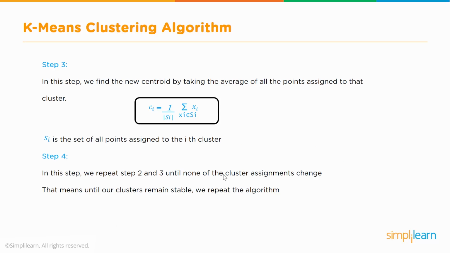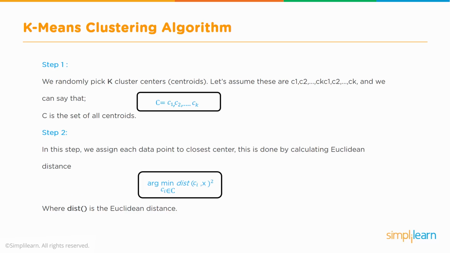In step number 3, we now find the actual centroid for each group. So what has happened? As a part of step number 2, we now have all the data points grouped into k groups because we wanted to create k clusters, right? So we have k groups. Each one may have a certain number of input values. They need not be equally distributed, by the way.